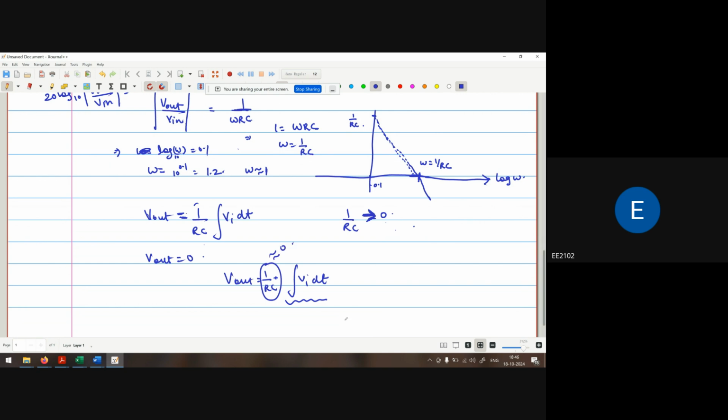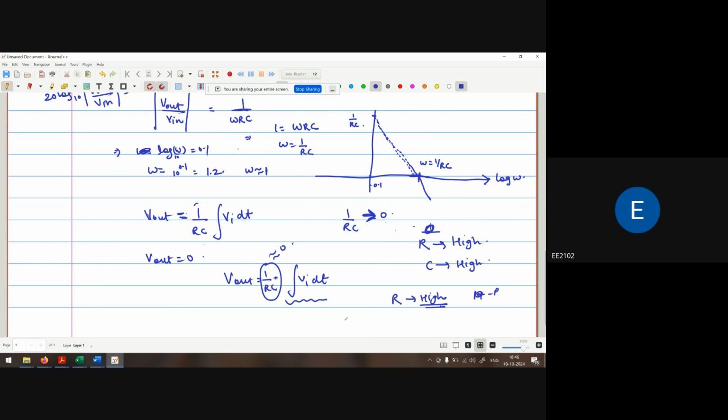Now, if the RC value is very small, it means the R value is high and the C value is high. If the R value is high, what is the gain?